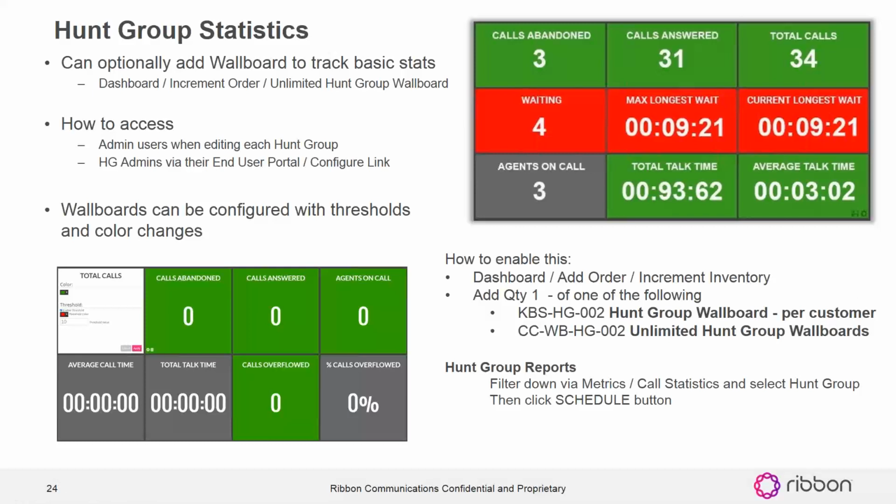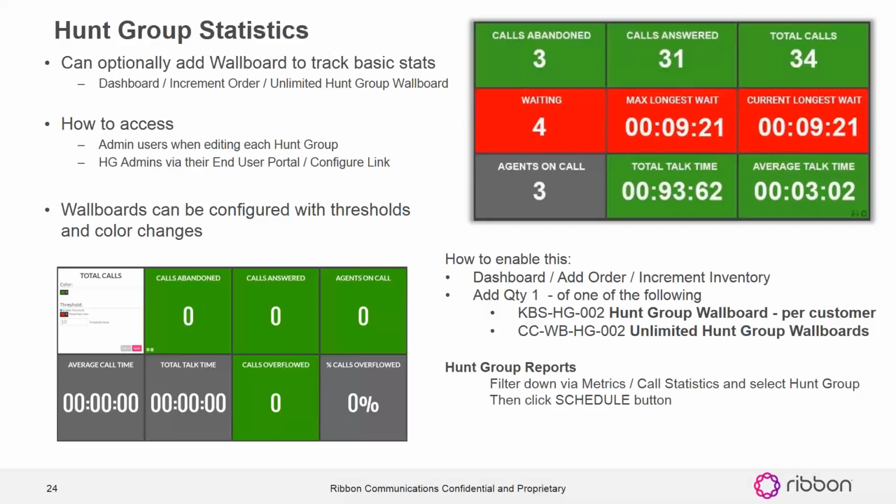Okay, and you access it through one of two ways. You'll go in and act like you're editing a hunt group, and then you'll have a button on the side there for wallboard. Or as a hunt group administrator, you will go in and click on the configuration, call answering groups, choose the hunt group, and you'll have wallboard there that you can click on.